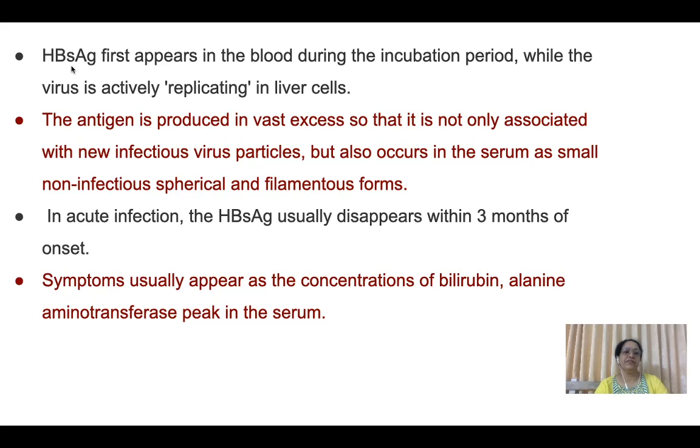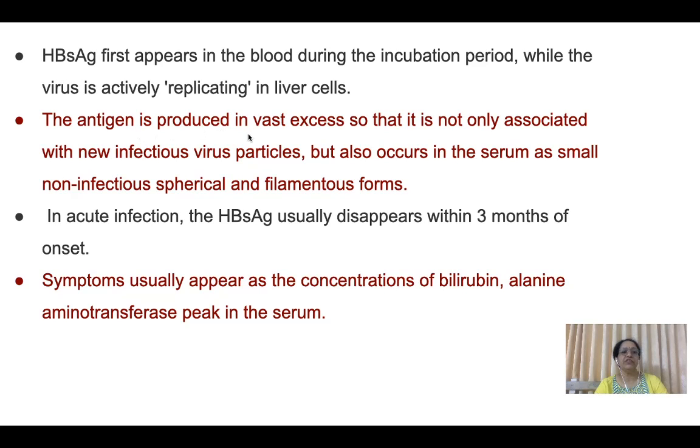HBs antigen first appears in the blood during the incubation period of the disease. While the virus is actively replicating in liver cells, one can see the presence of this surface antigen in the patient's blood.